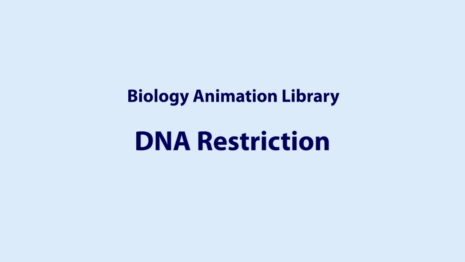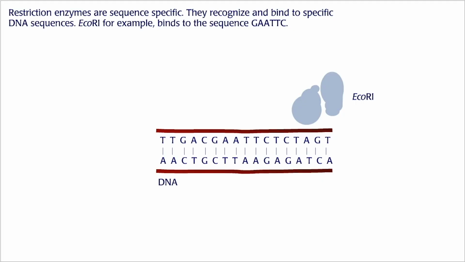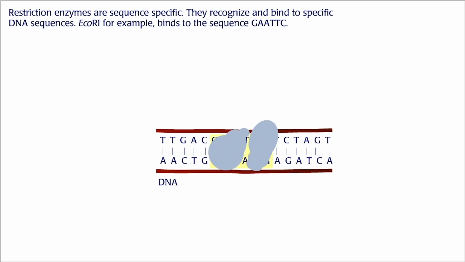Very easy, right? Now, after the PCR reaction is finished, we need to do DNA restriction analysis. So what is DNA restriction analysis? Let me use an animation to explain it to you now. Restriction enzymes are sequence specific. They recognize and bind to specific DNA sequences. EcoR1, for example, binds to the sequence GAATTC.